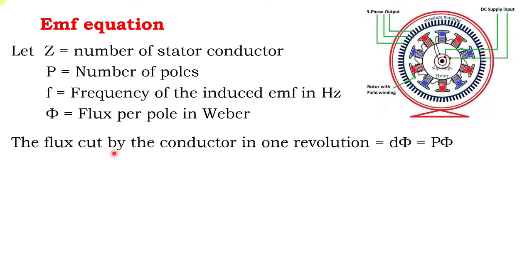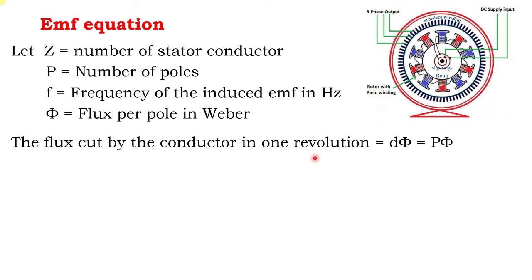Now we'll see the flux cut by the conductor in one revolution. Here I consider only one conductor. So the change of flux is indicated by dφ, which is equal to P into φ, because P is the total number of poles and φ is the flux produced per pole.